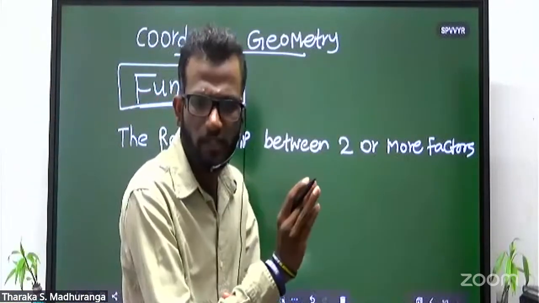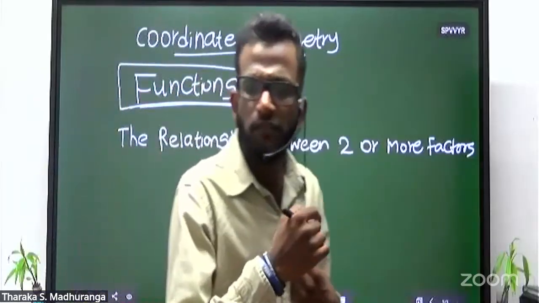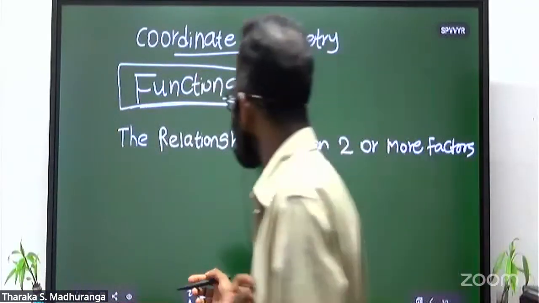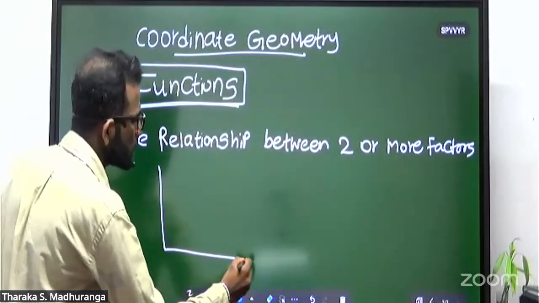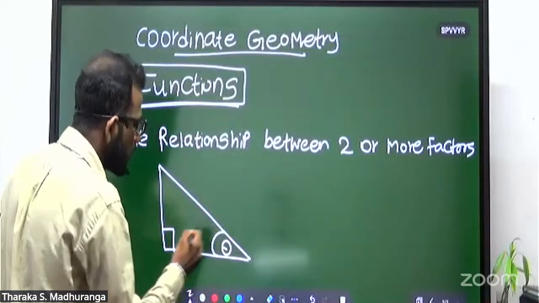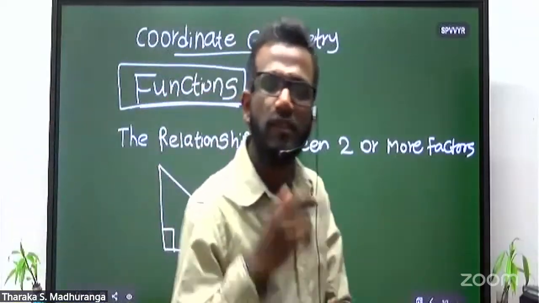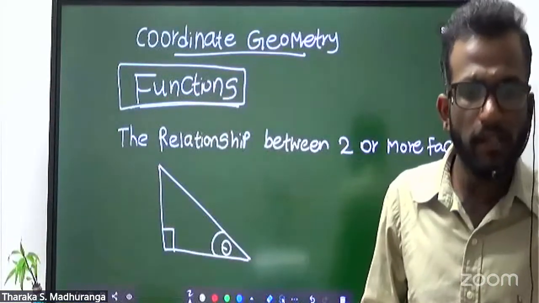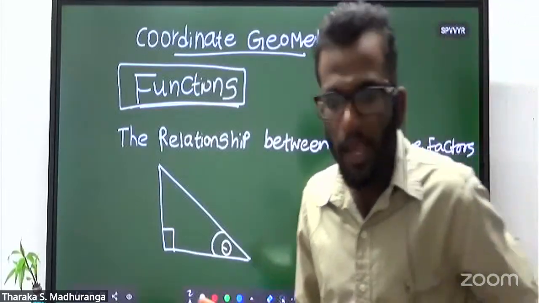That's the function. As an example, what does the trigonometric function mean? This is a triangle. If this is theta, the relationship between the opposite side and the adjacent side is the trigonometric function. Sorry, that is the tan function, a trigonometric function.